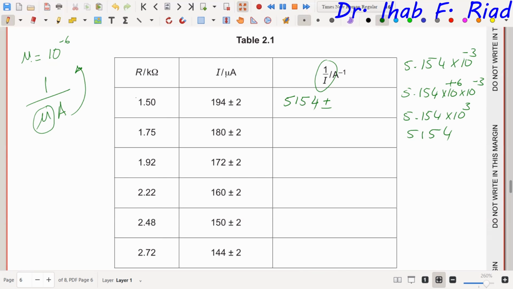It is an equation, right? So f is the function that we need over here. We call it f, is equal to 1 over I, right? So what is delta f?